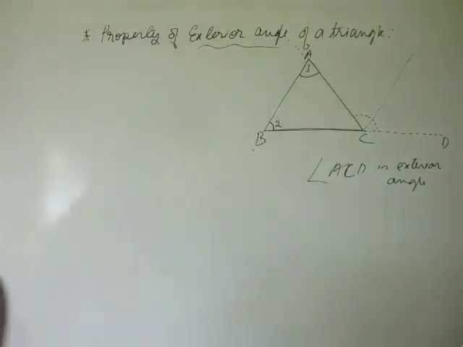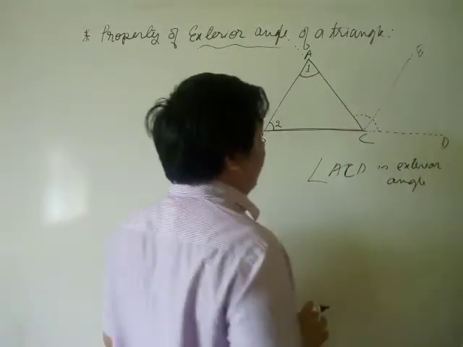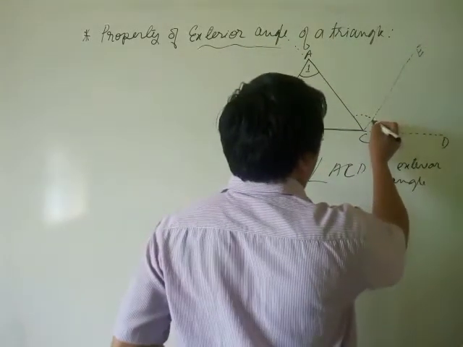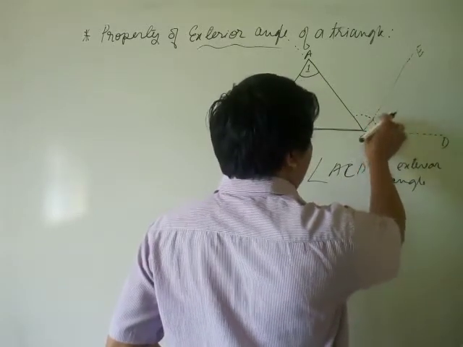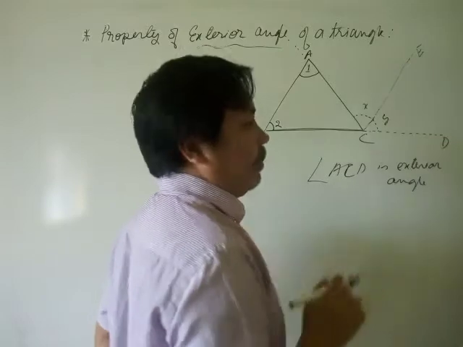I call it CE. Now CE is drawn parallel to AB, and there are two angles now. Let us say this is angle X and this is angle Y.